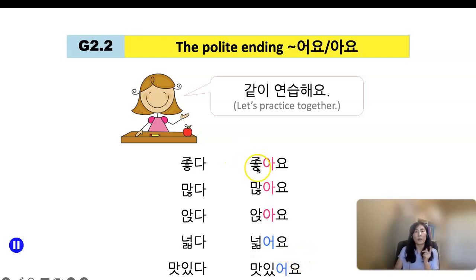One more time. 좋아요. Here it is silent. 많아요. 앉아요. The ㅈ sound is carried over. It's pronounced 앉아요. 넓어요. 맛있어요.